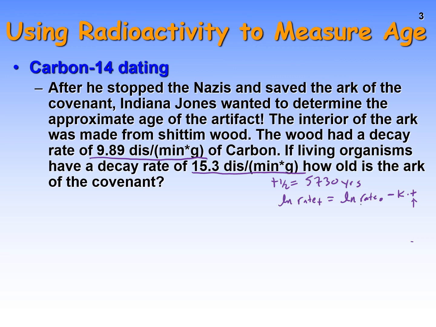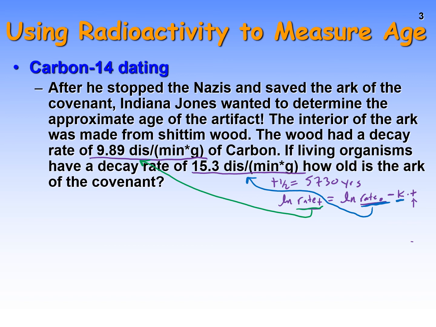We have both the rate initial and the rate at time t, right? So rate at time t is the 9.89, and rate at time 0 is the 15.3 value.